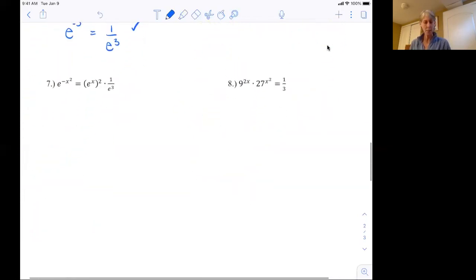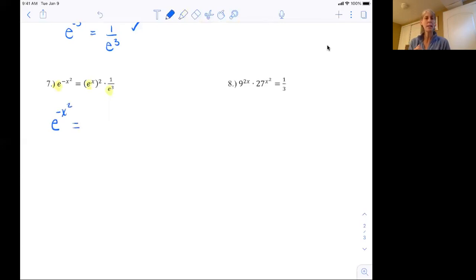Now we're getting a tiny bit trickier. I have e to the -x squared equals e to the x squared times 1 over e cubed. Okay. Remember, we have to get each side with one base raised to some power. The left side is good. The left side is already set up.